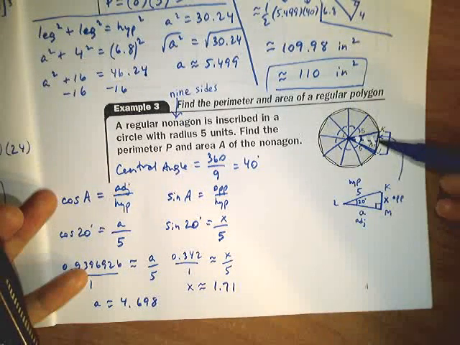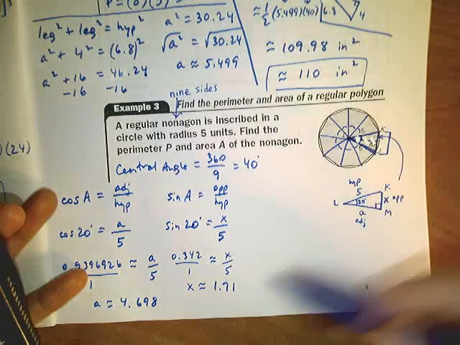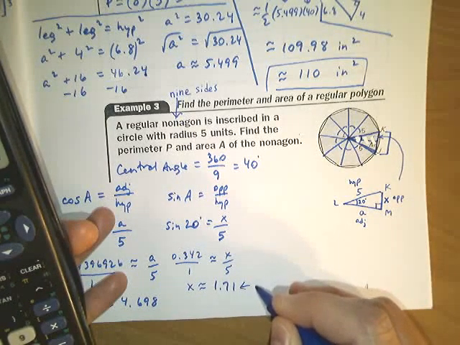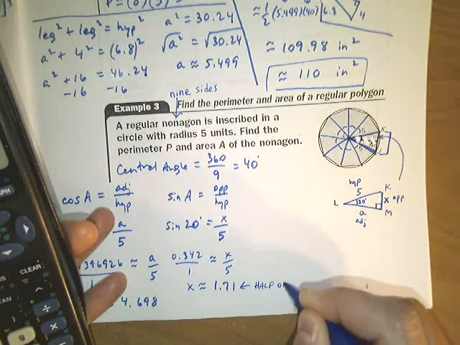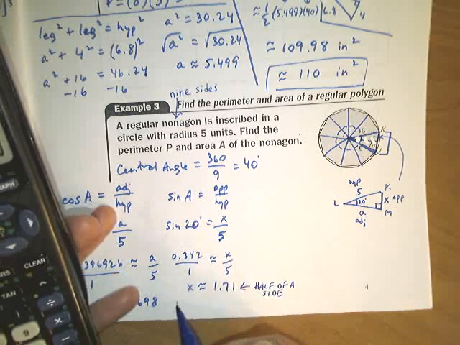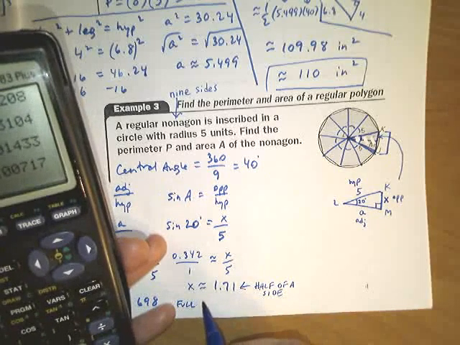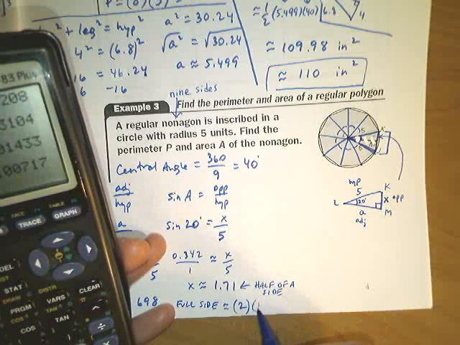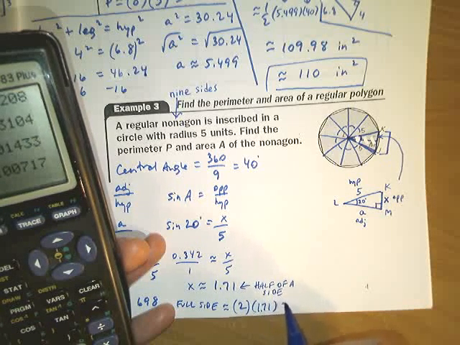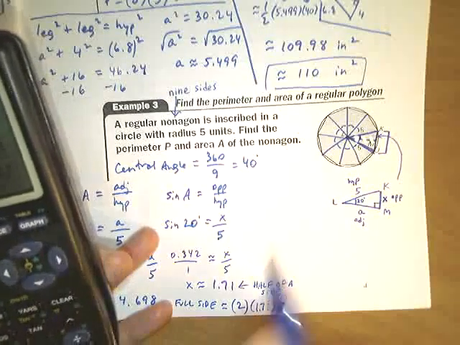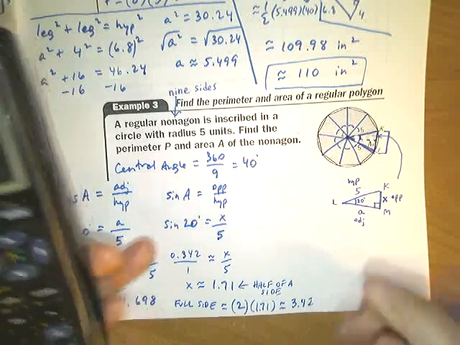So if half of a side, that's about from here to here, the midpoint to point K, is this long, then a full side can be calculated by just multiplying that by 2, right? So one full side on my nonagon is about 3.42 units long.